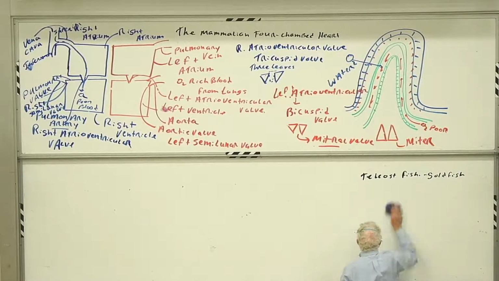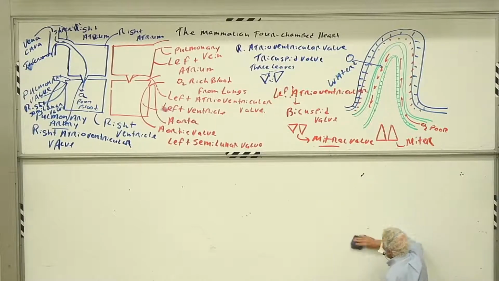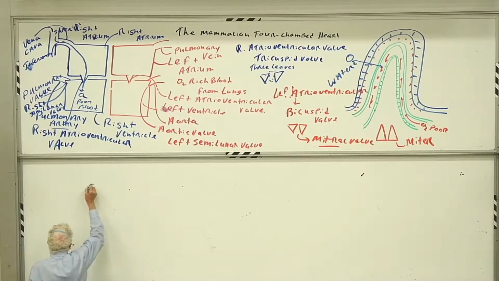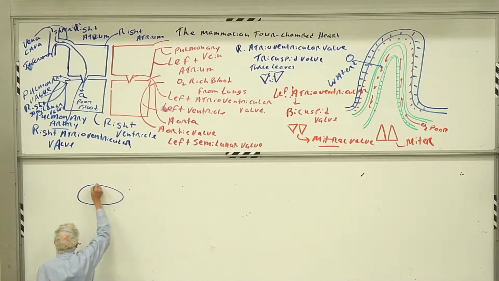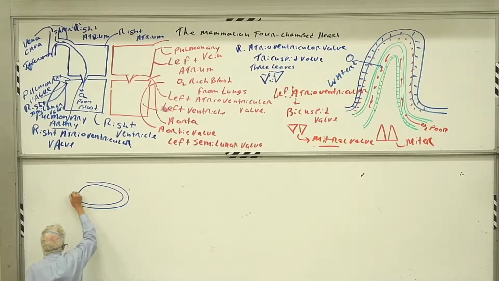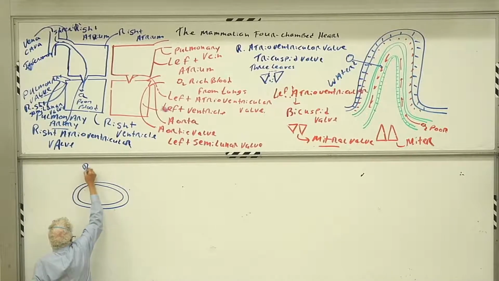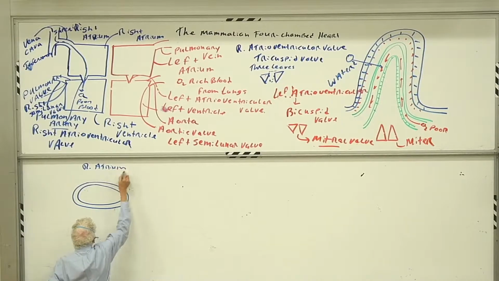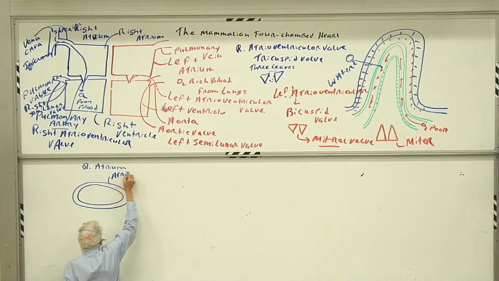So let's make one of these simple diagrams, really just speaking again of what we have in the upper panel. The structure here is the right atrium. So we can label this as the right atrium. This is the atrial myocardium.